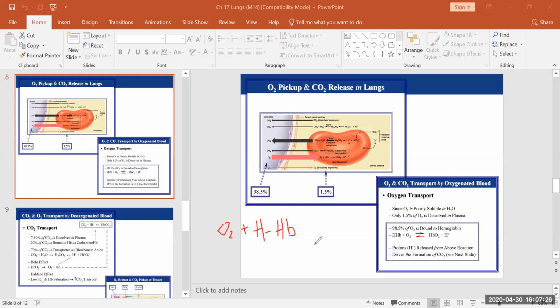And when that happens, the oxygen binds to hemoglobin and it displaces the proton. So you're going to say, okay, where is this proton coming from? This proton is over here.